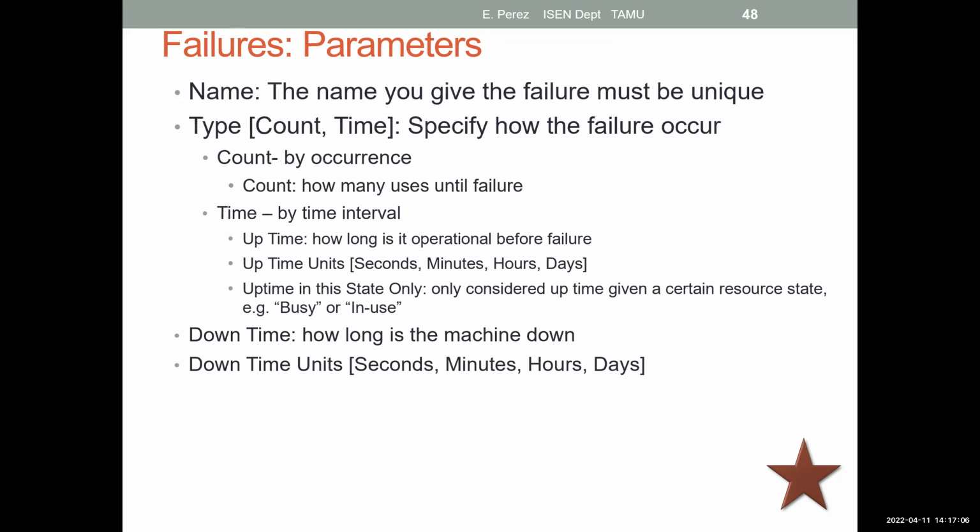You can specify if you want to consider time in which the machine is idle as part of the time that you are counting towards the next failure, or if you're just looking at the amount of time in which the machine is in use. You can specify what you want to use to represent the next failure. So uptime in this state only will only consider uptime given a certain resource state, for example, busy or in use.